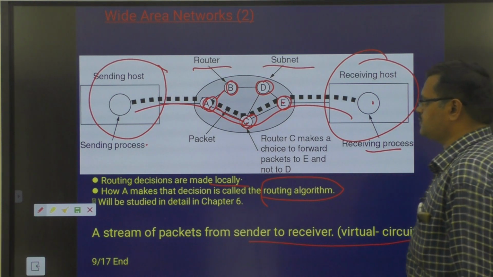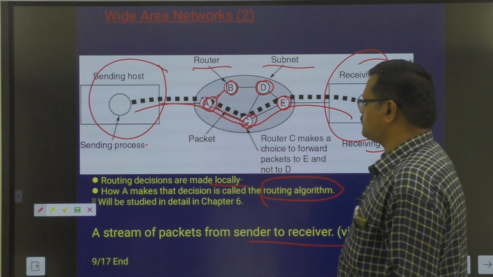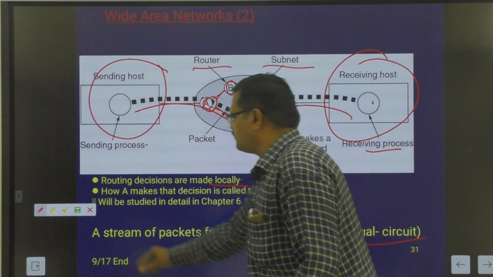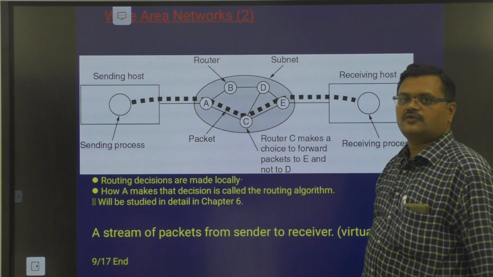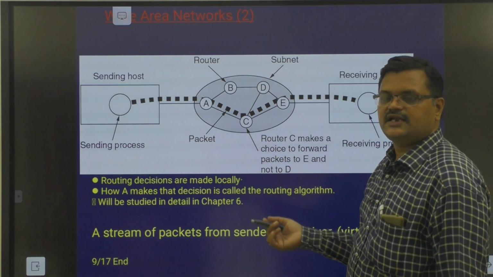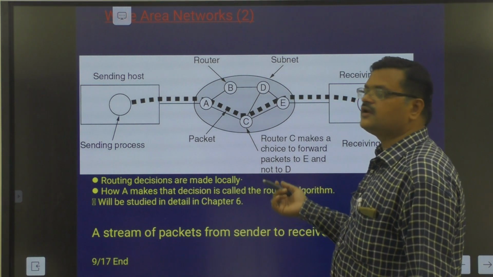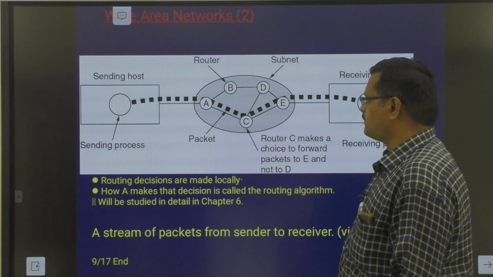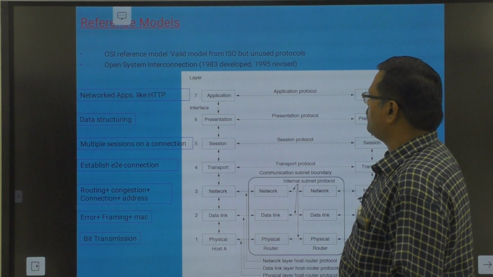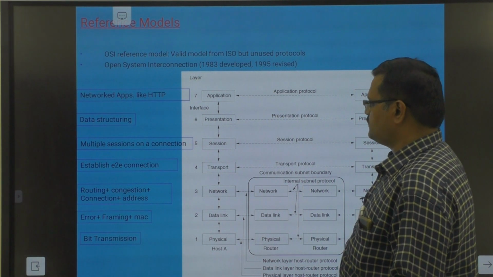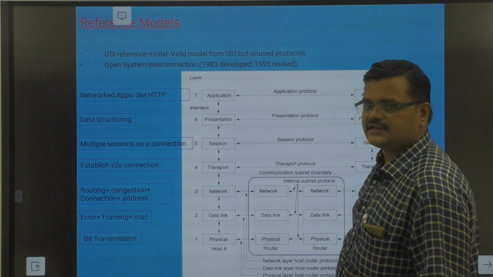Virtual circuit. Okay, so this is one pictorial representation of subnets, sending process and receiving process, and routers. Okay, so we'll stop here and we'll continue this topic in the next lecture.